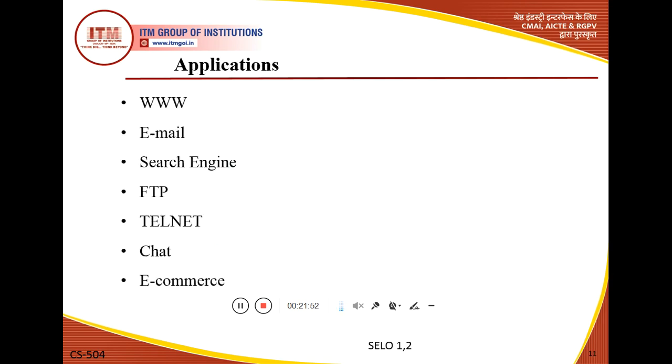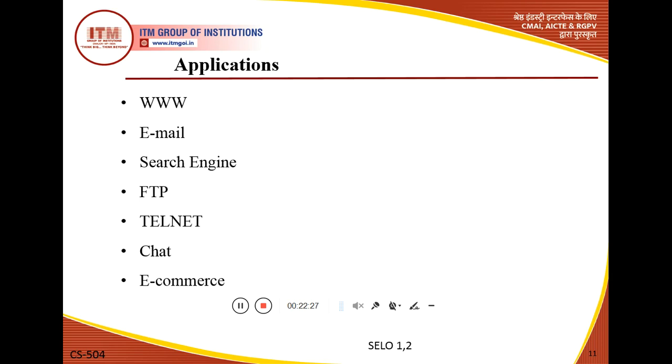Now these are some applications, or we can discuss where the internet is used. The first application is www, the World Wide Web. In the World Wide Web, without the internet we cannot do anything. So this is the first application of the internet. If we want to do email, the full form of email is electronic mail. With the help of the internet we do email, otherwise it cannot be done.